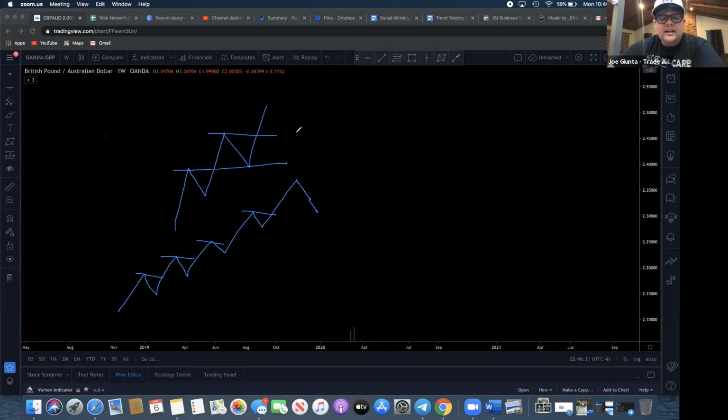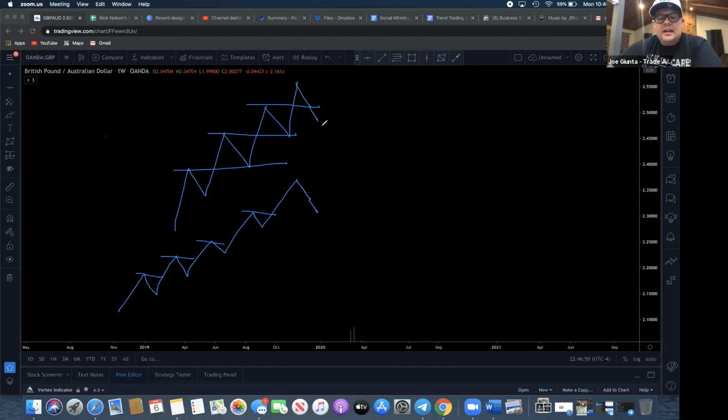Now this level needs to be tested, and so on and so forth. Everybody's with me? Then this level. And when we see this level get broken, now we're looking for this level. And this is all on the fib. All of this stuff is on the fib.